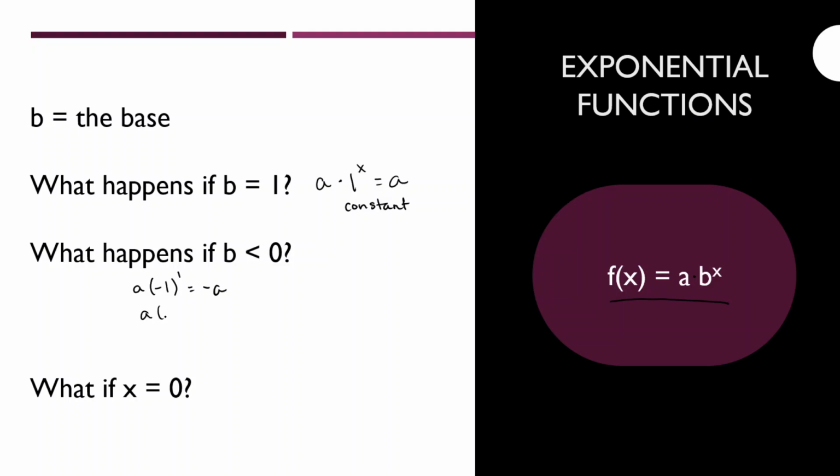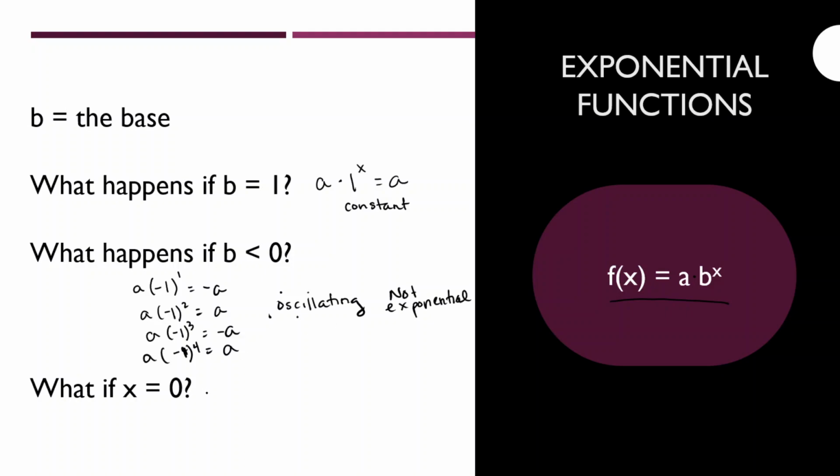But if I get a times -1 squared, I get +a. And then if I go back and do it cubed, then I'll get a negative again. And if I do it to the fourth, I get a positive again. And so the function is alternating. It's what we would call an oscillating function. And so this is not exponential, because it's not a continuous function, okay?